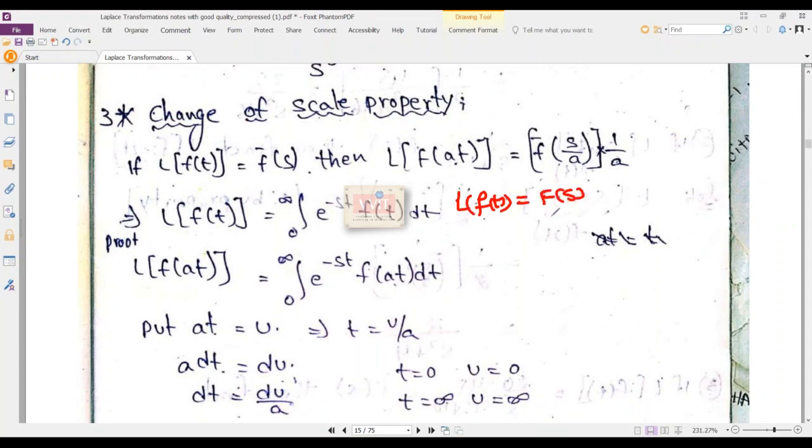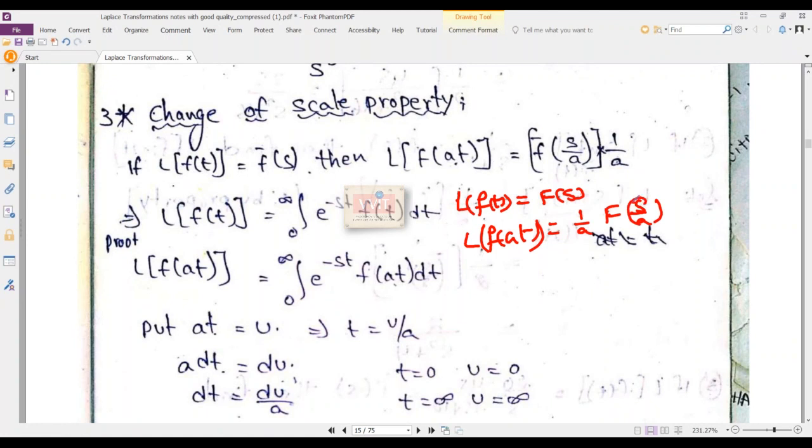That means whenever t is multiplied with an arbitrary constant a, like L of f of a times t, in that case also we can handle this easily by using this formula: 1 by a times f of s by a.